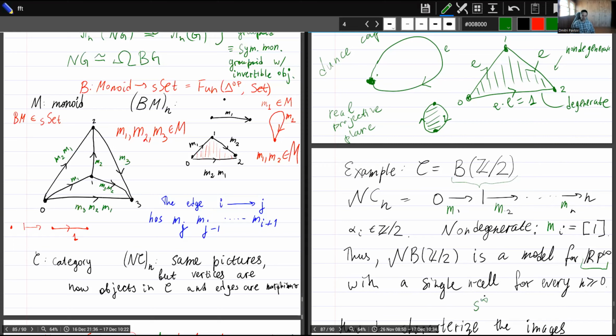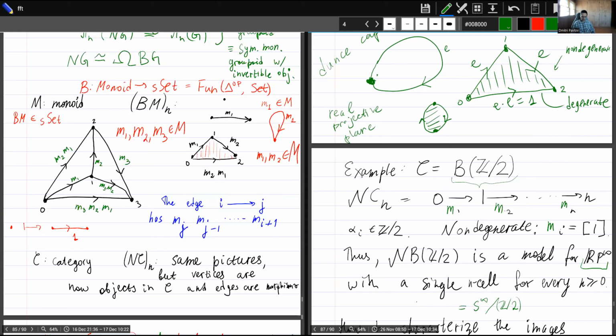The infinite dimensional sphere is a contractible space, and you then mod out by the action of Z mod 2, which acts freely on the infinite dimensional sphere by the antipodal map that sends x to negative x.